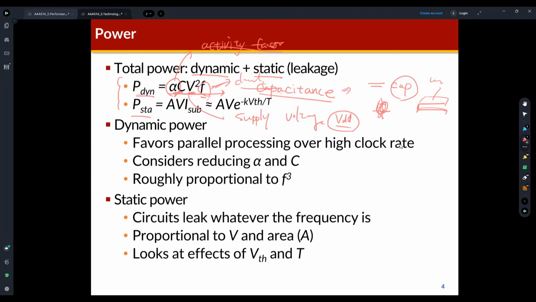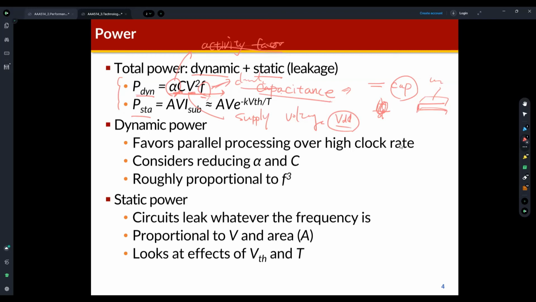If we look at this power consumption equation, especially dynamic power consumption, we cannot change the activity factor.